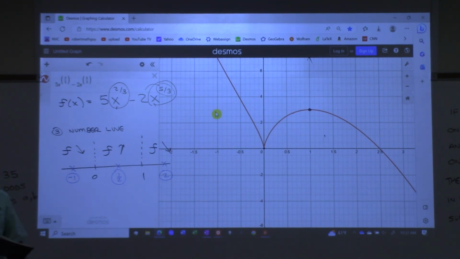So part A says find the intervals where the function increases and decreases. All right? And then part B says find the local max and mins, which is exactly what we did here today.